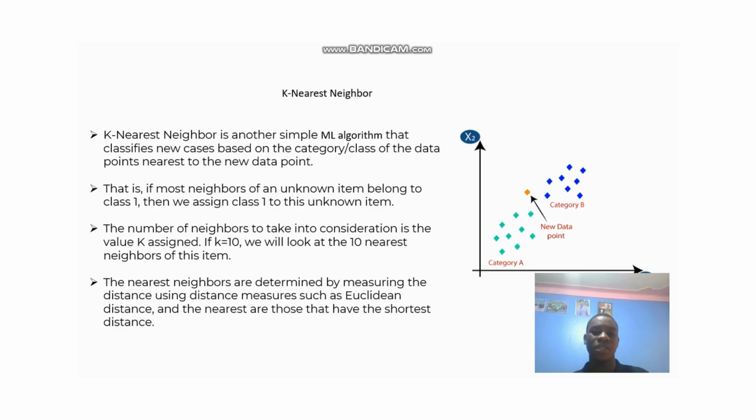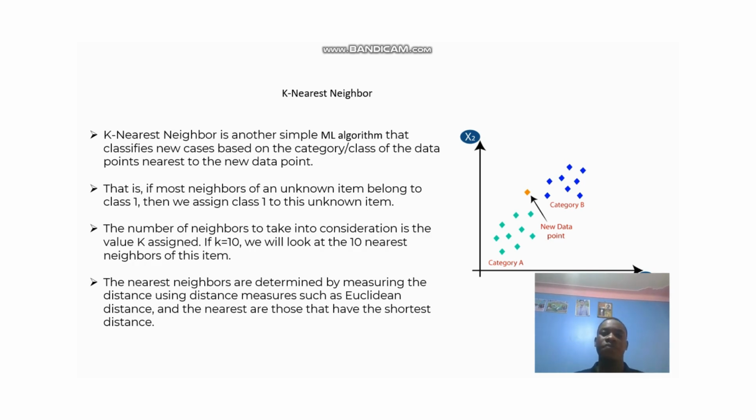We have the k-nearest neighbors. This one is a simple machine learning algorithm that classifies new data based on how near the data point is to a given cluster or category.